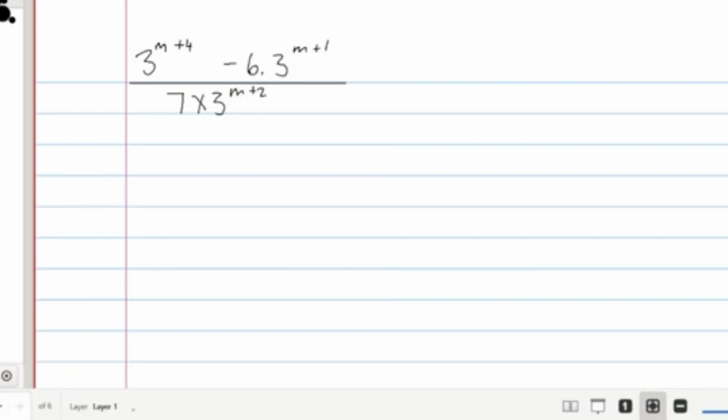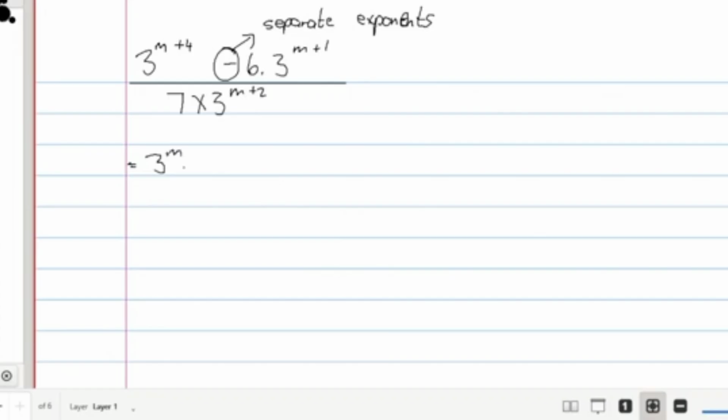That is our question. So we have a negative sign on the numerator, so it means that there is a subtraction of numbers with the same base. So there is a separation there.